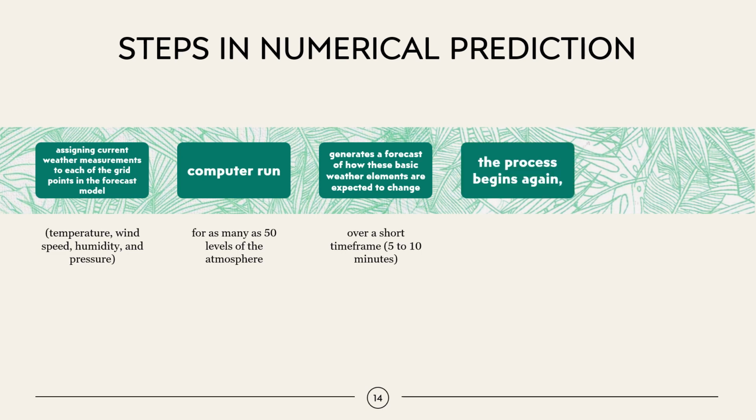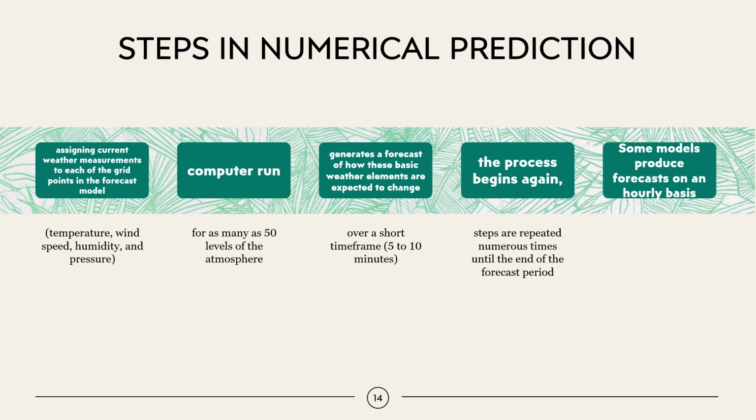And this process begins again. When the new values have been calculated, the steps are repeated numerous times until the end of the forecast period. That generates a forecast for the next 5 to 10 minutes.